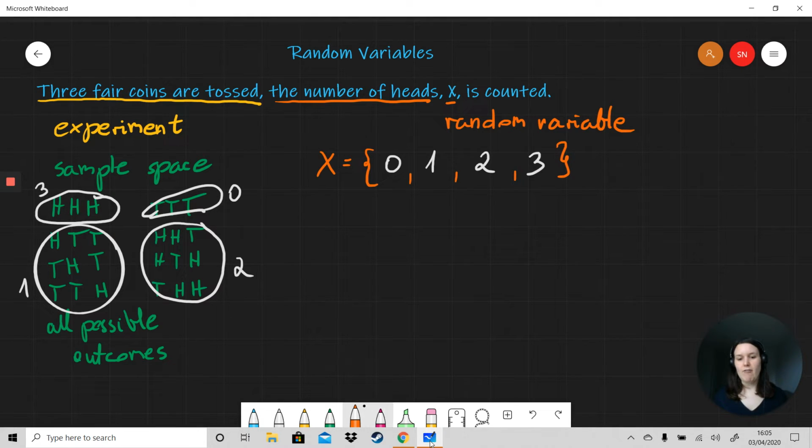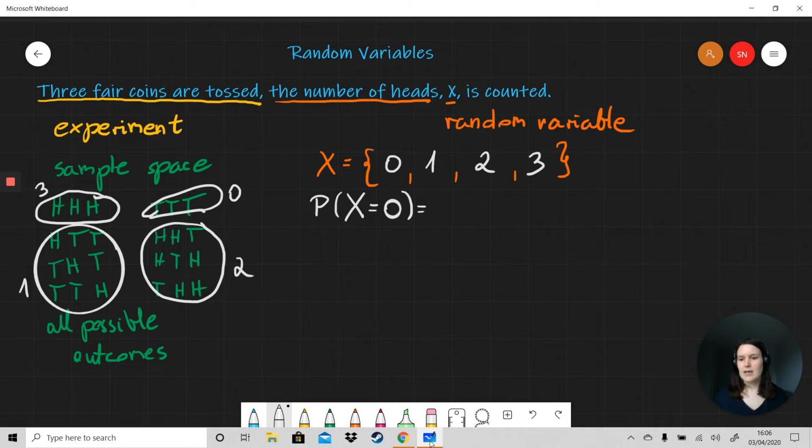If I write down the probabilities now, the probability that I got 0 heads would mean that the random variable is equal to 0. That means the value of the random variable is 0, so I have 0 heads.